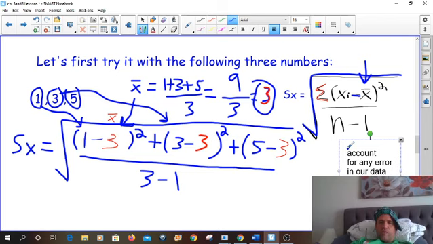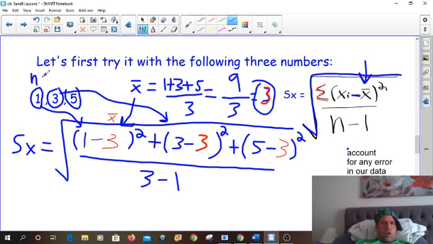Always divide by n minus 1. It's called n minus 1 degrees of freedom. Our n is the total number of numbers, so in this case n equals 3. So we do 3 minus 1. I'll put that in green because that's part of the formula.